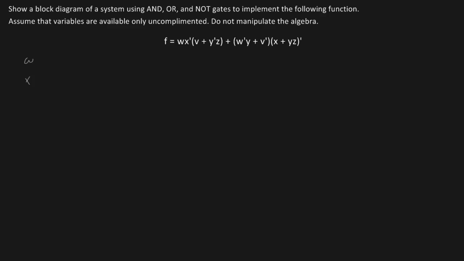So we're going to need a NOT gate, and we can use those. So I'm going to make that happen. So we're going to have our little NOT gate here. Should probably make this bigger.